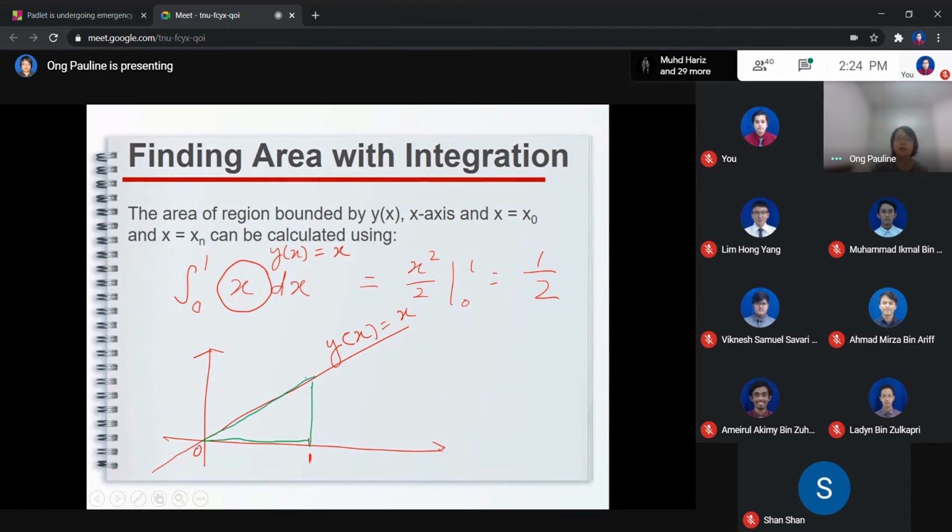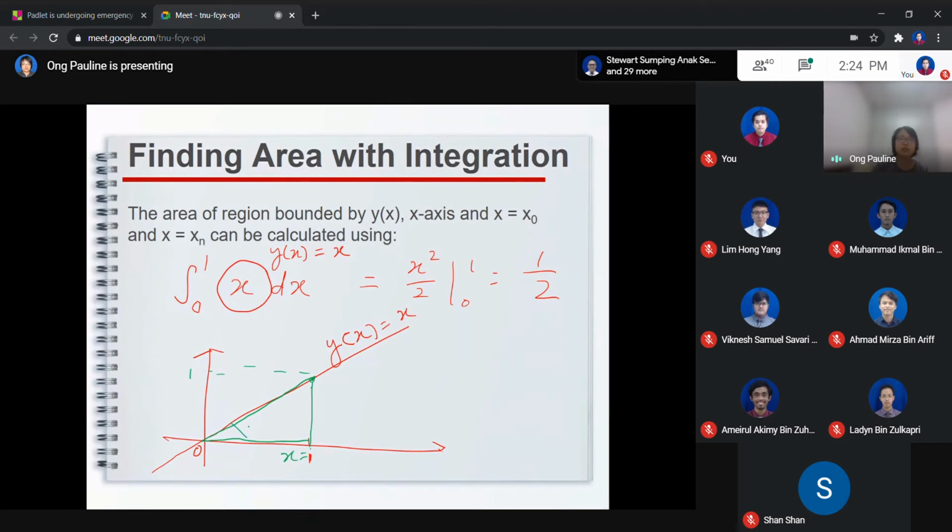If x is 1, since y equals x, the height here is 1. Because this is the function y equals x, so x is 1, y is 1.